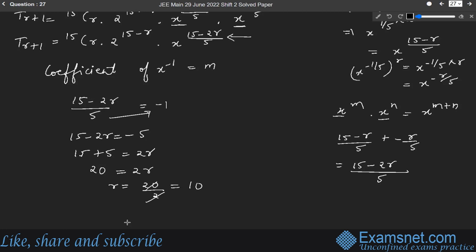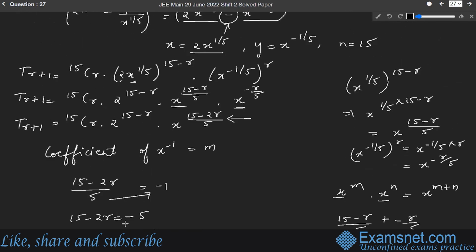Now let us do one thing. Let us substitute this value of r in the general form, right? What is the general form? The general form was this: at last we had T(r+1) is equal to 15Cr into 2 power 15 minus r into x power. See, we will not take this x term, okay, because we have already used it in this part, which is the coefficient of x power minus 1 is equal to m.